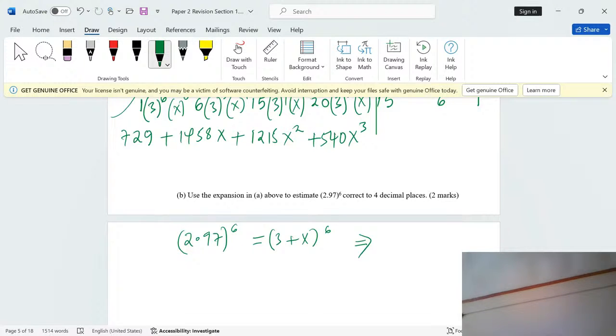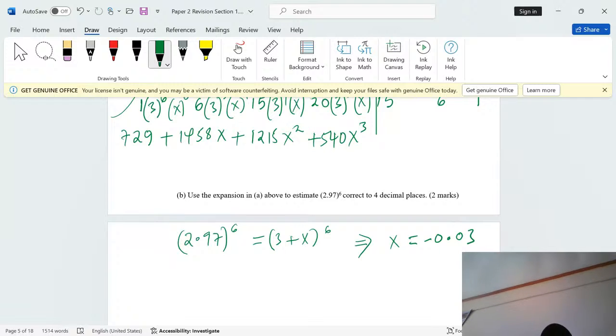And when we equate the bases, we can say 2.97 is equal to 3 plus x. So to remain with x, we have to take 2.97 and subtract 3. And that is going to be negative 0.03. So the value of x is negative 0.03.